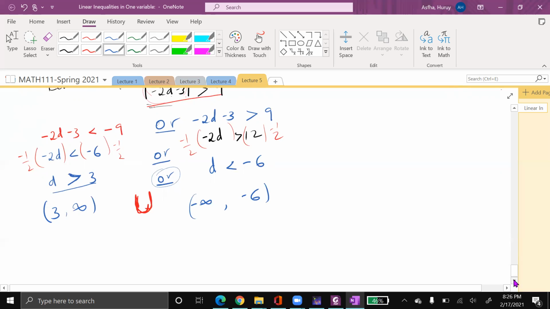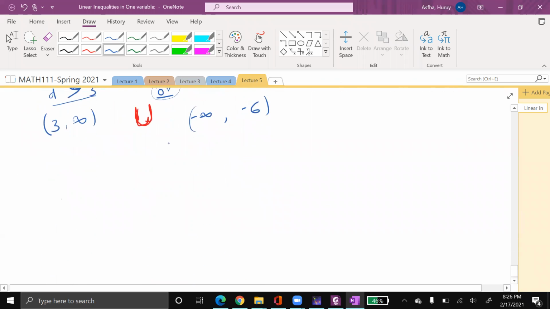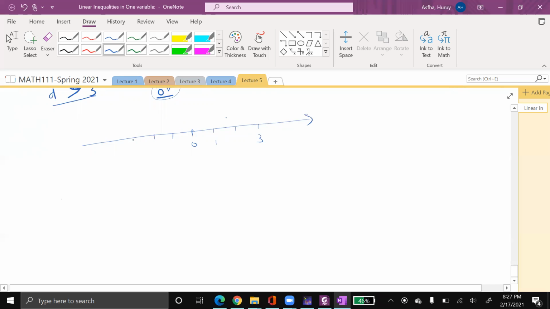And if I put this one on the number line, let's see what that looks like. This is the solution set as it is, but I just wanted to show you. I'll show you on the number line first. 0, 1, 2, 3, 4, 5, negative 6.